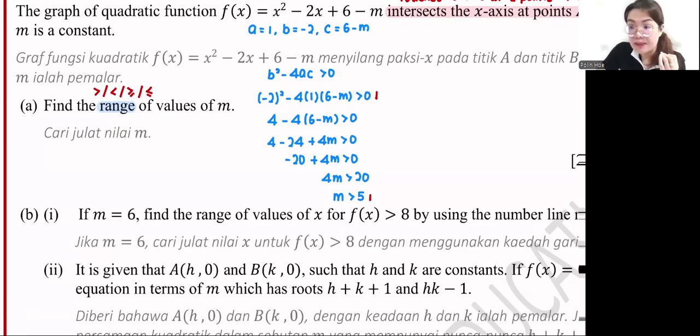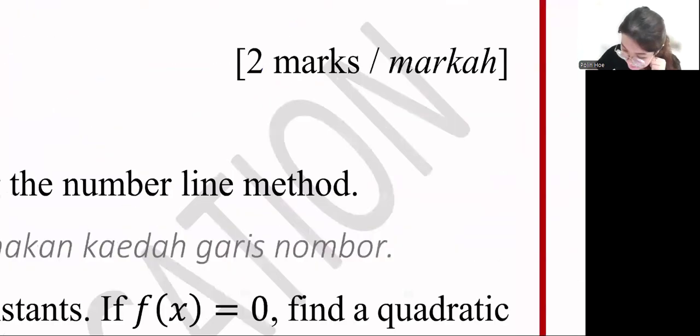After that, we have the number line method, which is asked now. After that, we have another one, which is the table method. So this part, can you please put a big, big, big star?